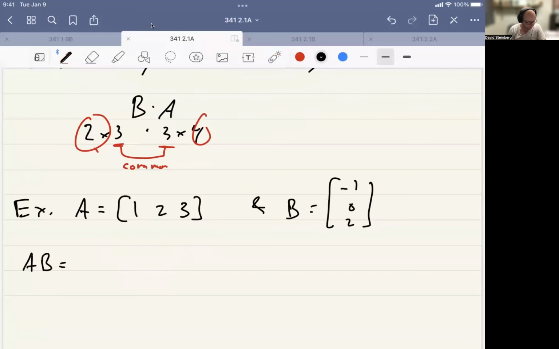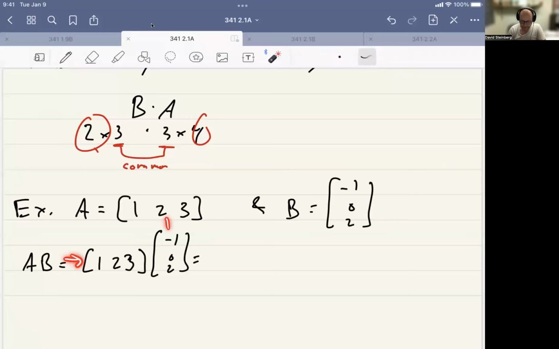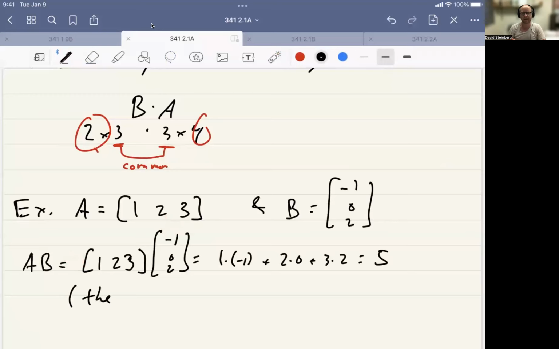It's actually just going to be a number, right? 1, 2, 3, and -1, 0, 2. There's only one row and one column. So we get back 1 times -1 plus 2 times 0 plus 3 times 2, which is 5. And this is called the dot product, which, if you've taken vector calculus, you've seen this already.